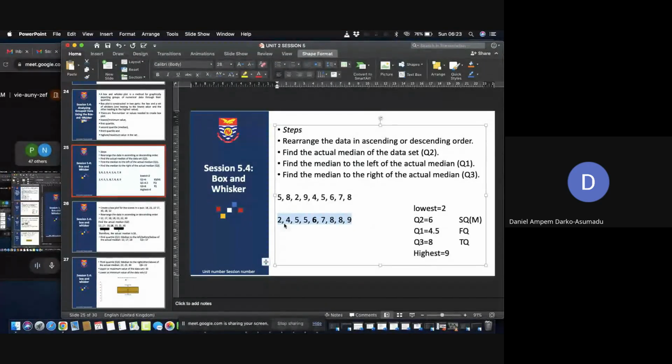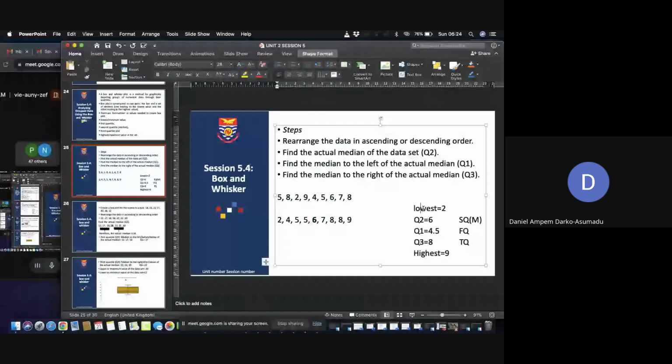This gives 2, 4, 5, 5, 6, 7, 8, 8, 9. To find the median, you count from the left and from the right. The middle value is the median, Q2. So 1, 2, 3, 4, then 1, 2, 3, 4. The middle value is 6, so Q2 is 6.